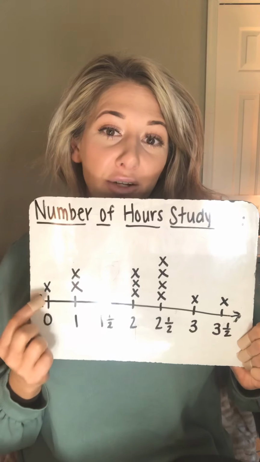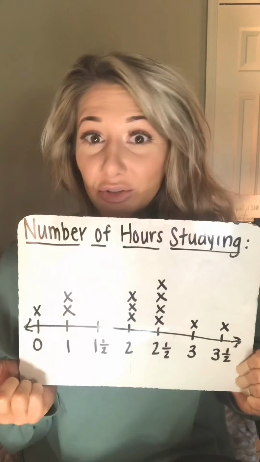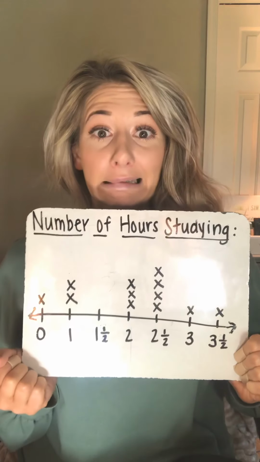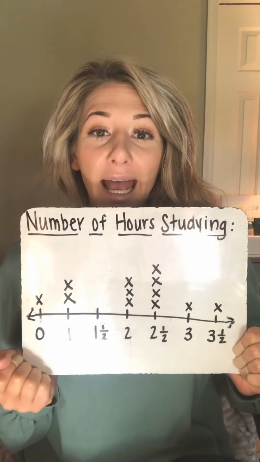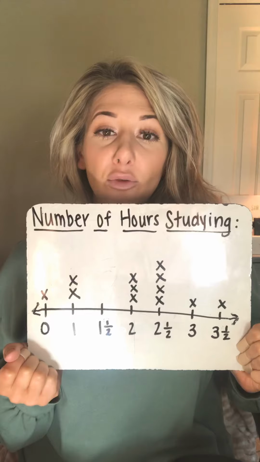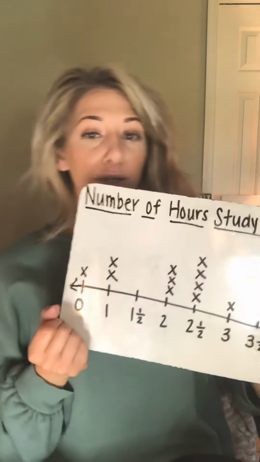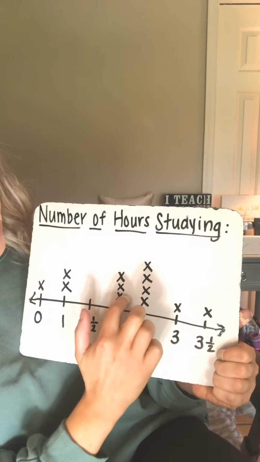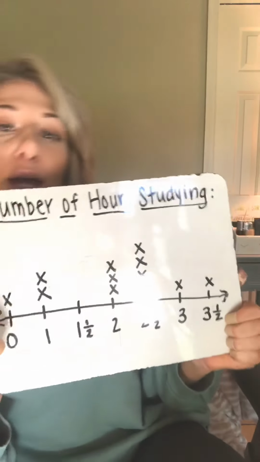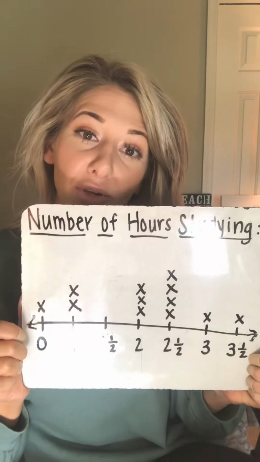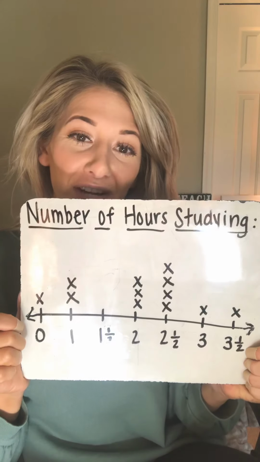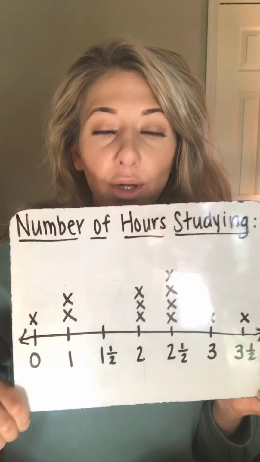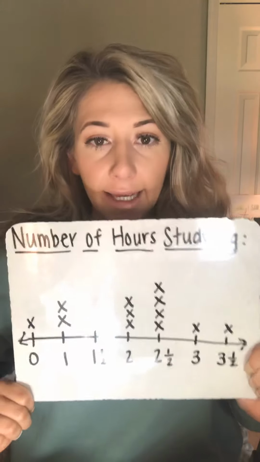You look at 0. 1. 1 student did not study. Uh-oh. What about how many students studied for 2 hours? So we're going to look at 2 and count the X's. 1, 2, 3. So how many students studied for 2 hours? 3. Good job.